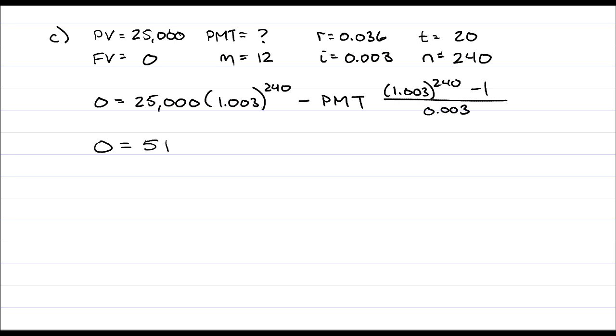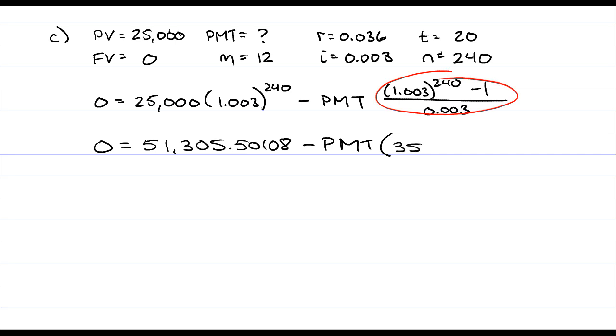This is going to be 51,305.50108 minus PMT times, I'm going to calculate all of this, and that gives me 350.74001. Then I need to add the PMT times 350.74001 to both sides, and then I'm going to divide by that quantity.